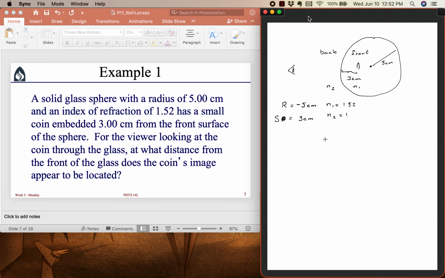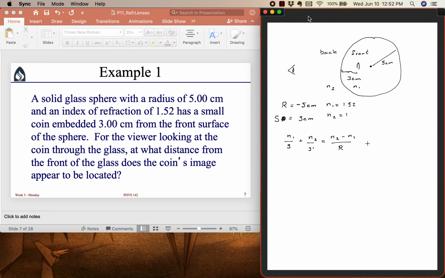So we know that the equation that we use for refractive surfaces is that N1 over S, so N1 over the object distance, plus N2 over the image distance is equal to the difference N2 minus N1 divided by the radius of curvature.